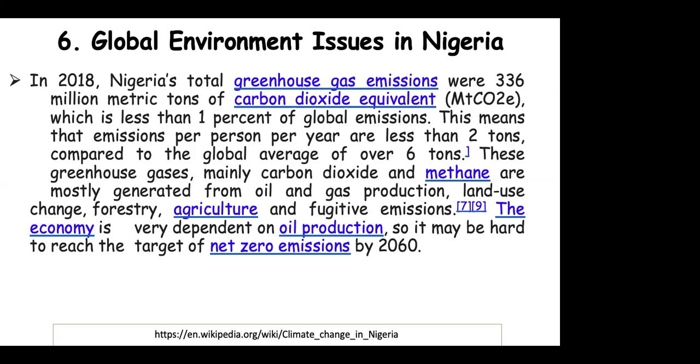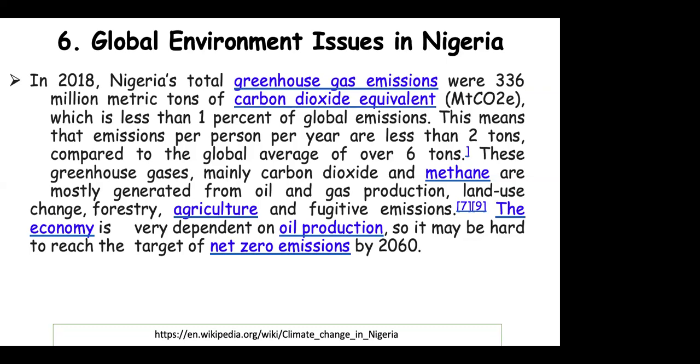What does that tell us? It speaks about the greenhouse gas emissions, the situation in Nigeria. We're trying to see the contribution of carbon dioxide, which is a reference point for calculating global warming potential.